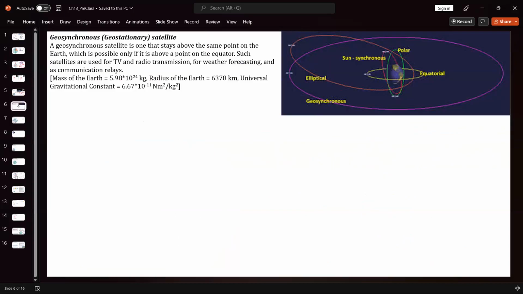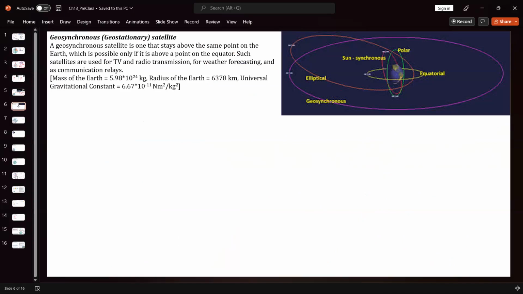So then there are various types of satellites. There are various names we use. There's the elliptical satellite, just moving around the Earth on an elliptical path. There's the geosynchronous satellite. There's the polar satellite, always going through the cross section, passing from pole to pole.